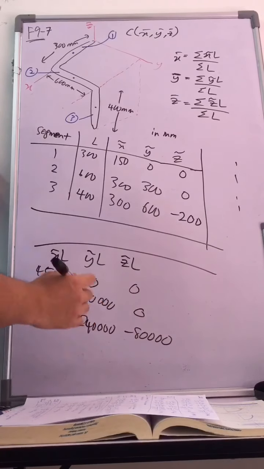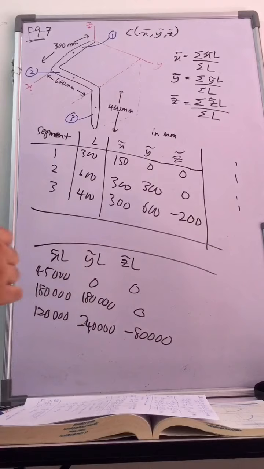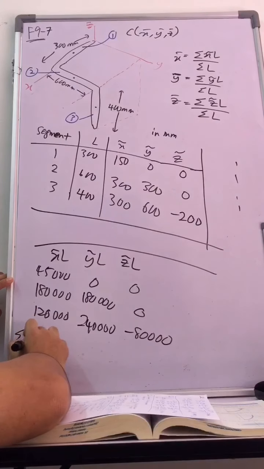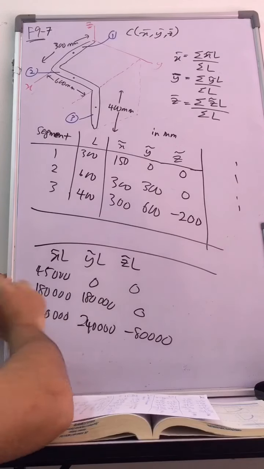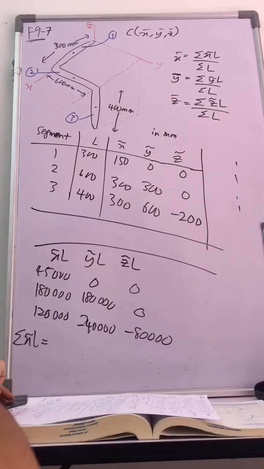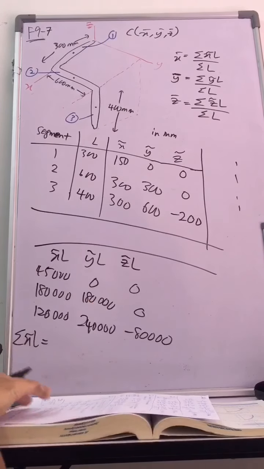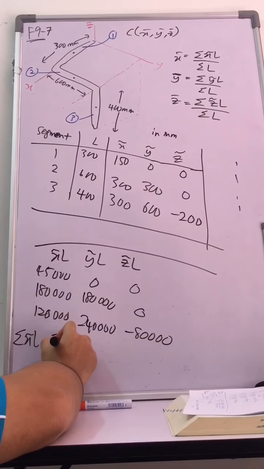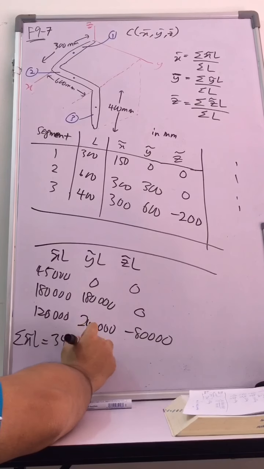Okay, and then you sum them up. Summation of x tilde L is how much? You sum them up, you will get 45,000 plus 180,000 plus 120,000. So you got 345,000.